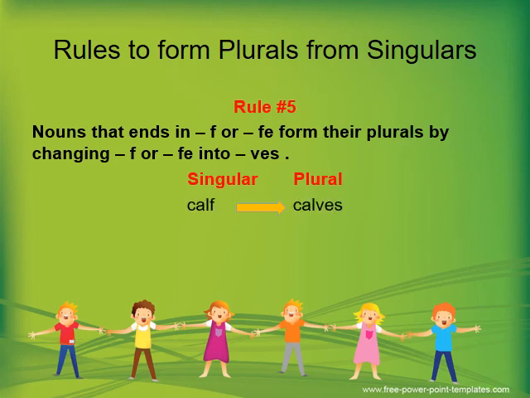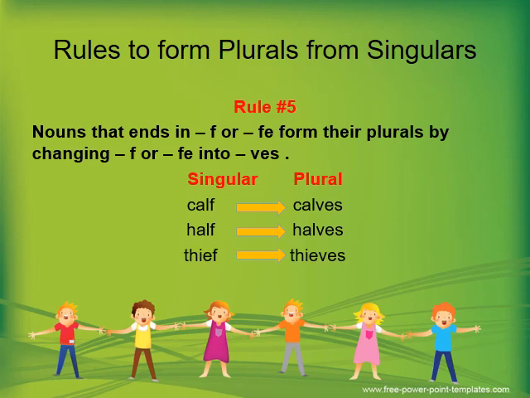Calf ends in f, so it will become calves. Half. Half ends in f, so what is the plural of half? It is halves. We are adding ves, that is we are changing f into ves, and so the plural of half is halves.